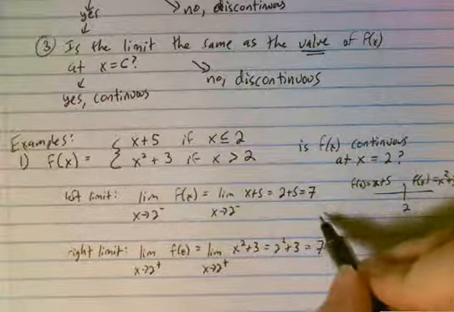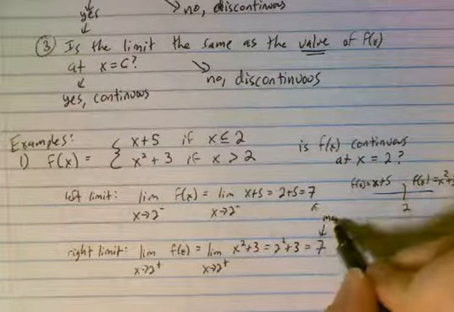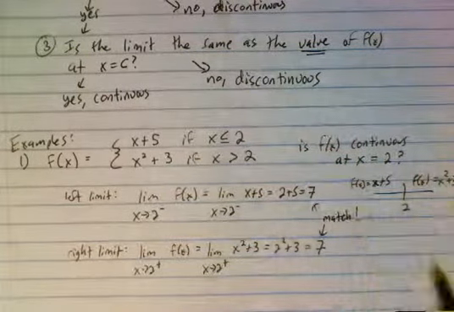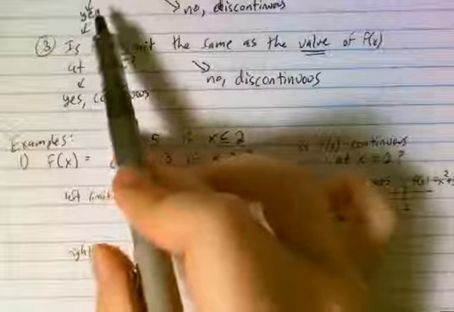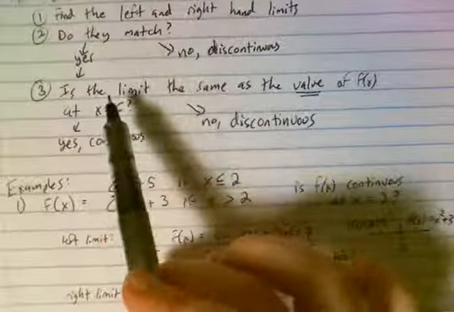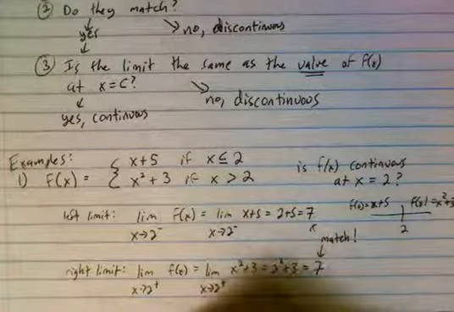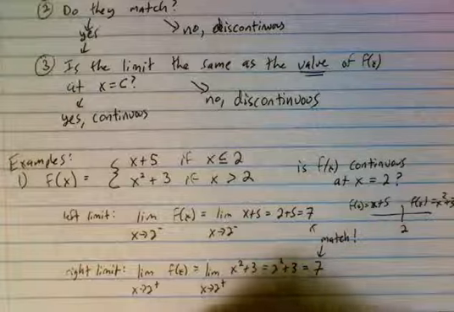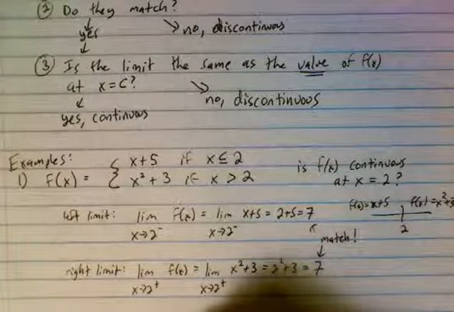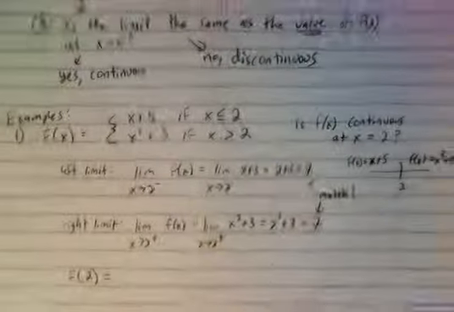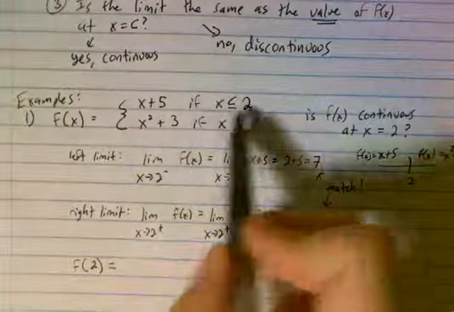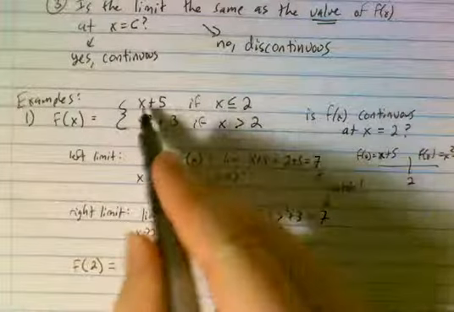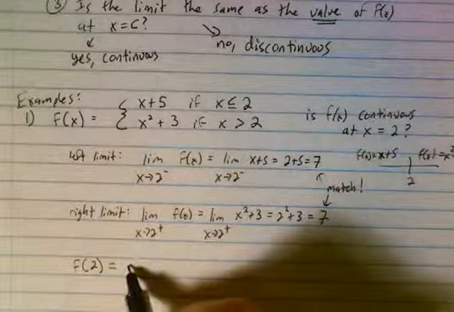So in this case, this one and this one match. So far so good, they match. Is the limit the same as the value? Well, when x equals 2, our equation is x plus 5.